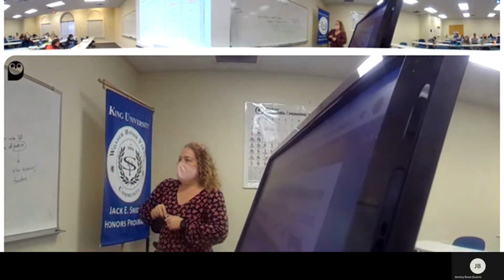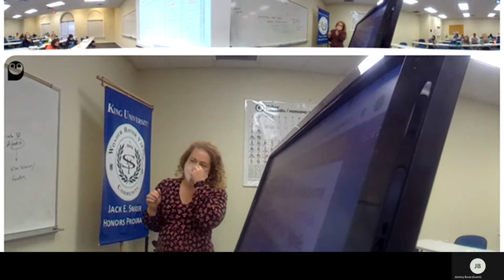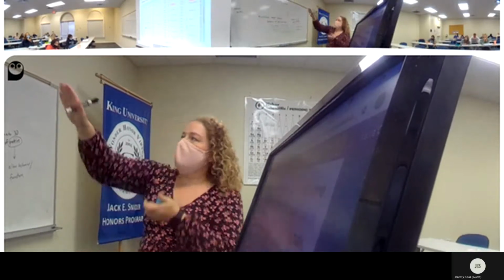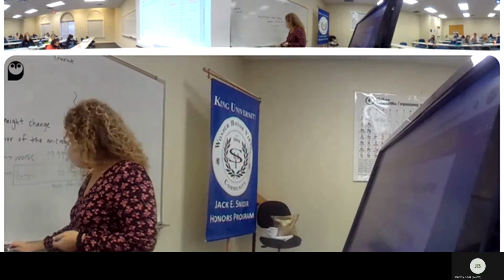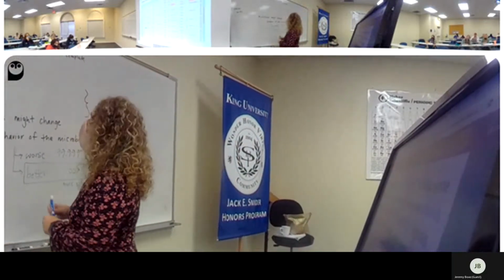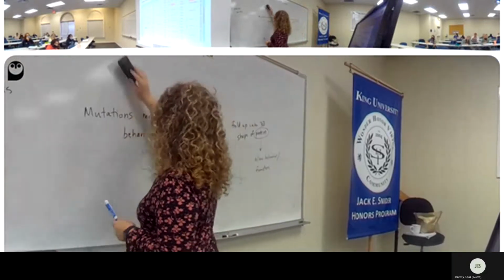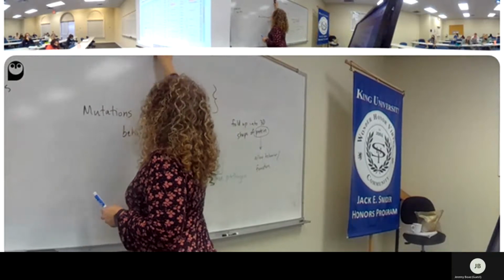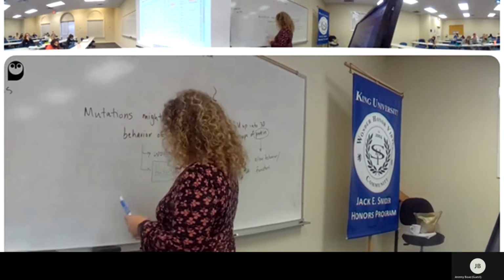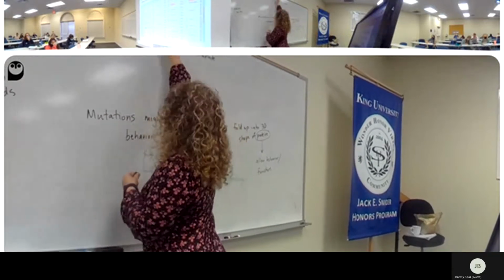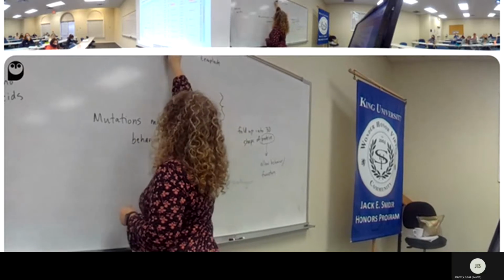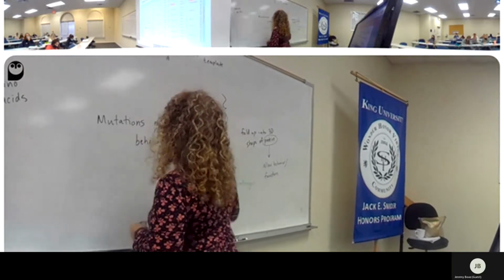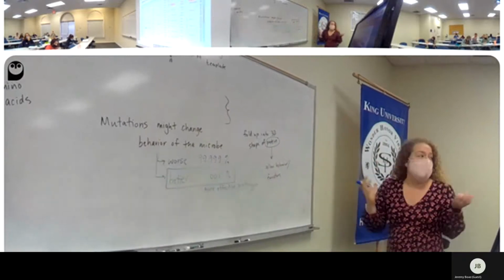So the kind of thing that we want to know about this is if I made a change someplace in the DNA, like for example, I changed the C right there. So let me leave it and indicate where the change is. That C is going to change to an A. That's what a mutation is.